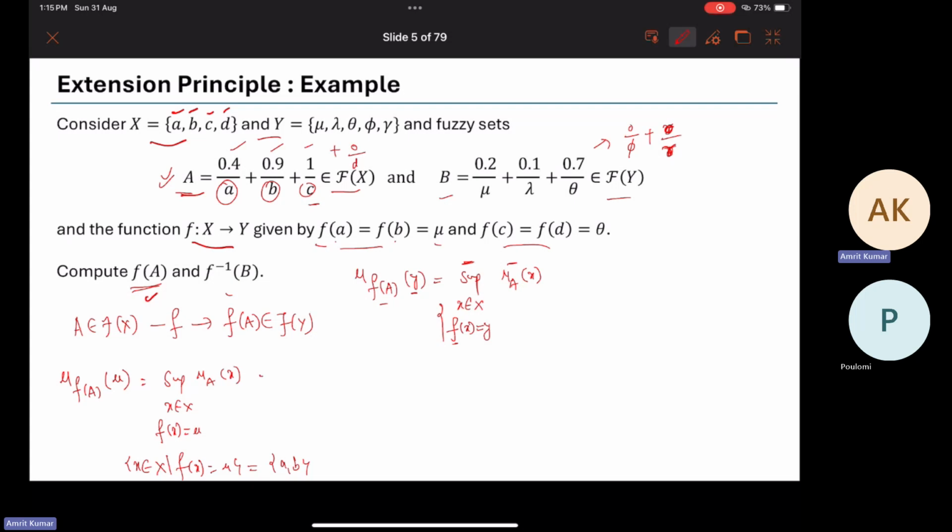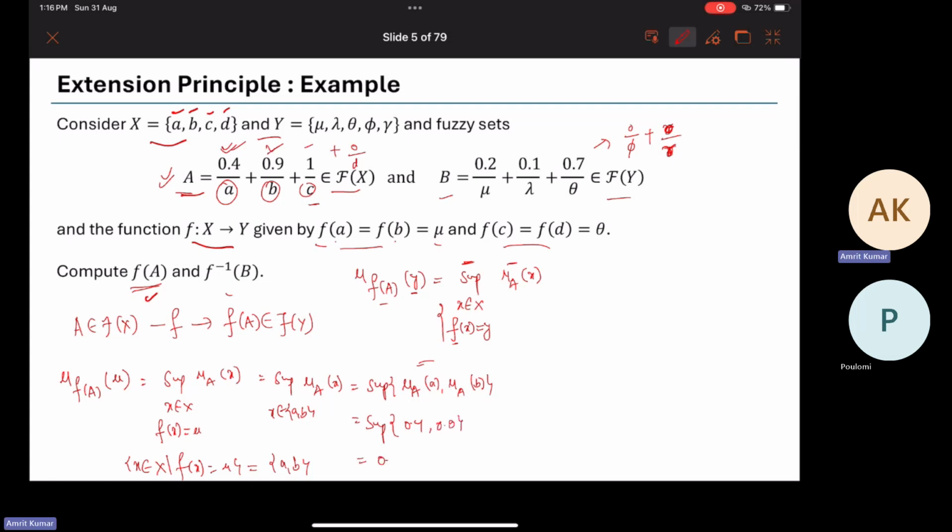So this means that we are essentially taking the supremum over a comma b, which is this. And the membership of a in the set A is 0.4, and the membership of b in A is 0.9.